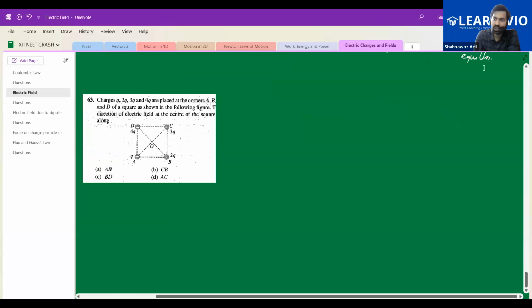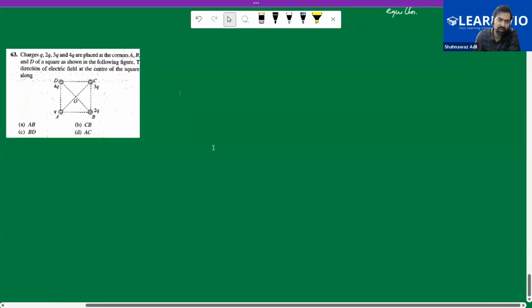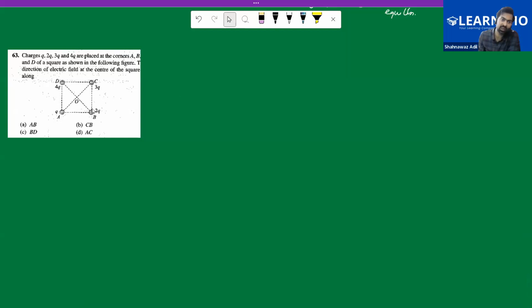So we have this thing, right? And we want to find out, there are four charges placed, and we have to find the direction of electric field at the center of the square. There are 4 points, right?